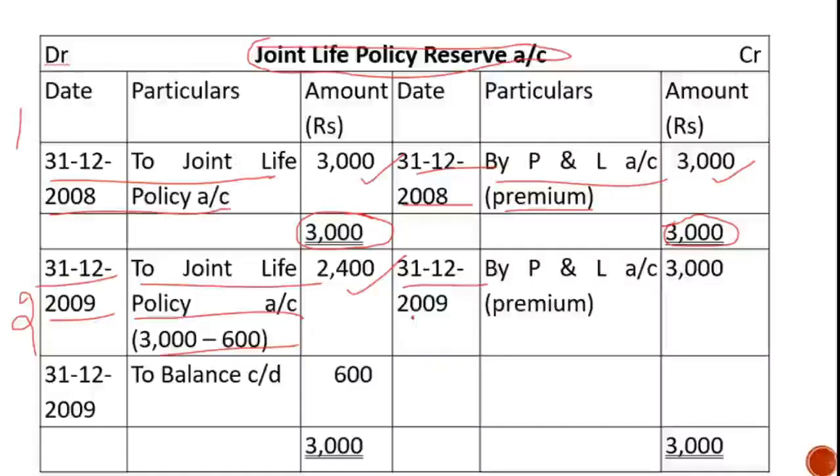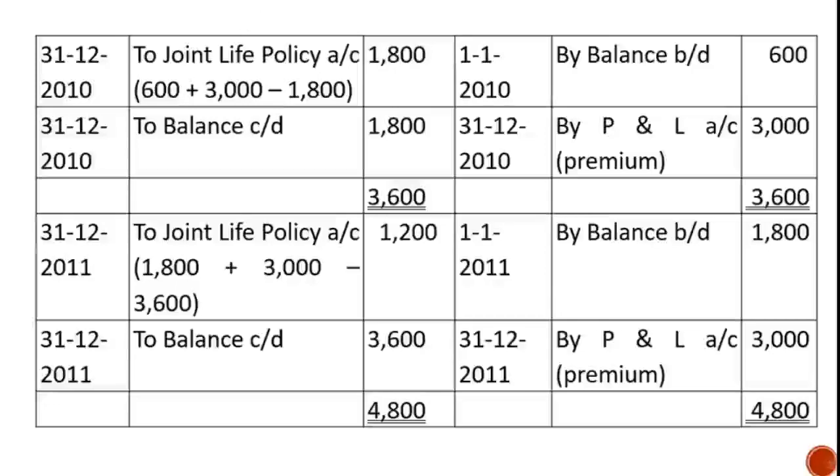Then the premium charged will be the same, that is 3000, and the balance is the surrender value at the end of the first year, that is 600. So 600 will be the balance carried to the next year. So we'll go to the third year. In the third year, the first transaction is the balance brought down, 600.